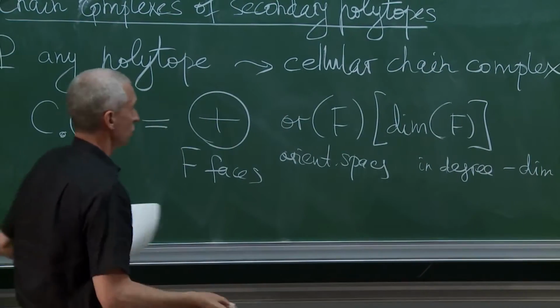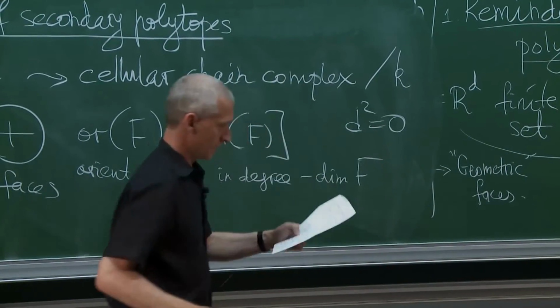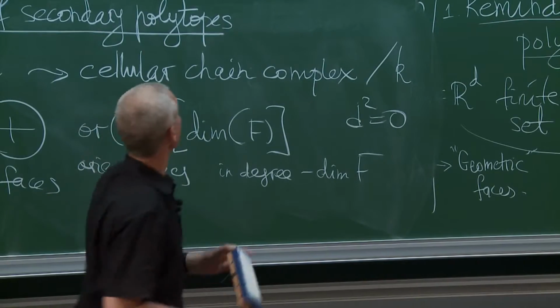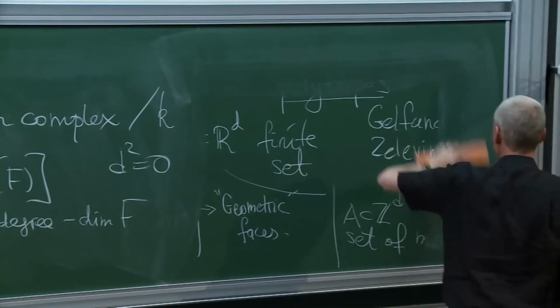In here, of course, the differential squared equals 0. So now let's apply this to the secondary polytope, P equals sigma of A, and apply the information about the structure of faces.